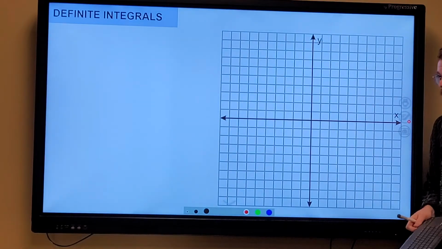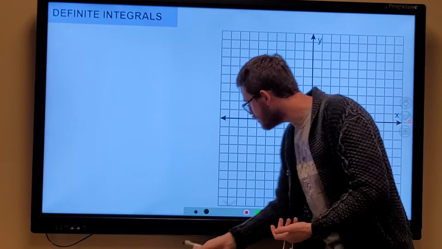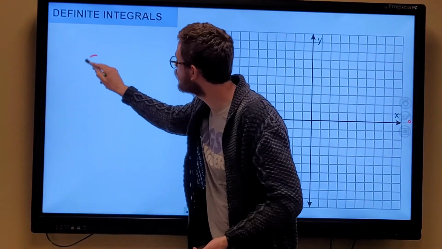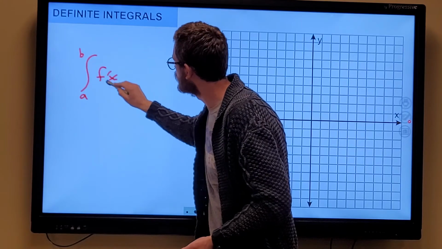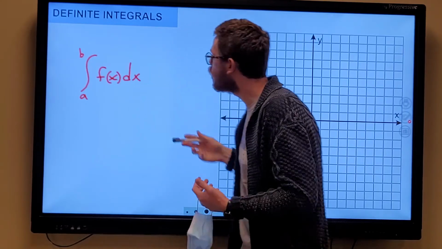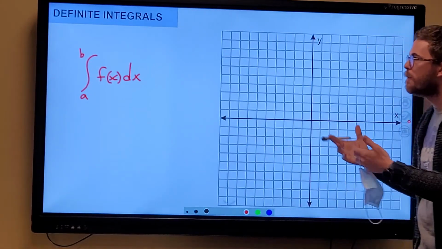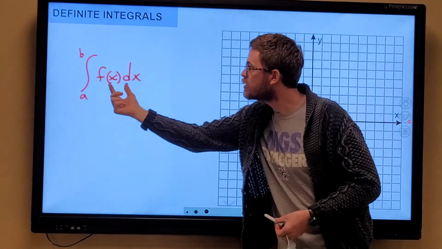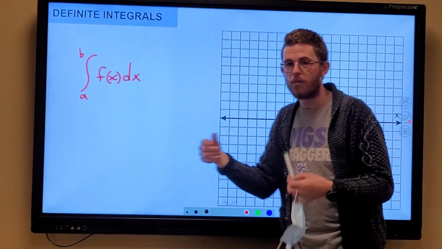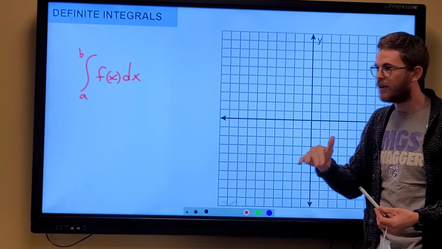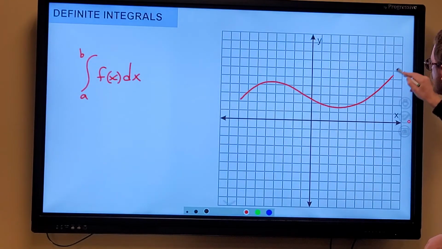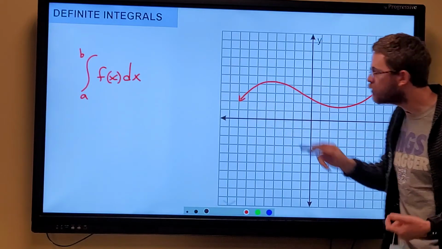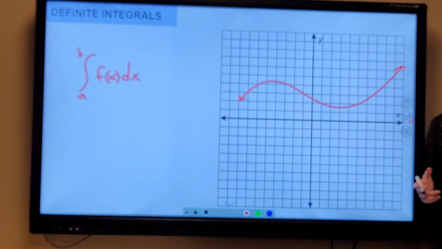We really don't need calculus to answer this calculus question, because when we're looking for the definite integral of a function, we are looking for the area bound between the function, the lower and upper x values, and the x-axis itself. And unlike the ones that we've seen so far, most functions aren't that great.